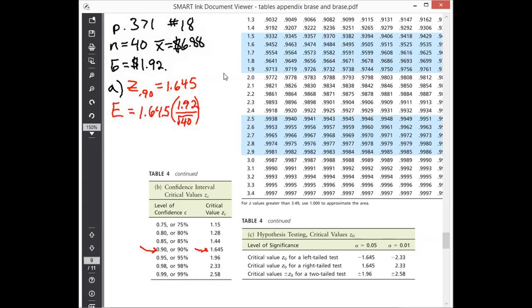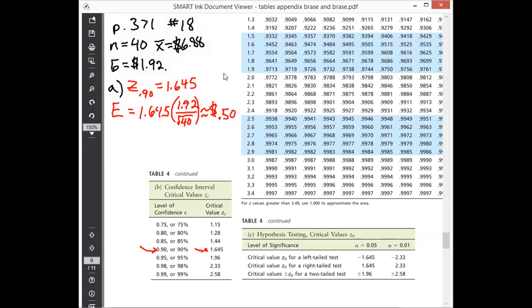I'm doing this on a calculator, just a handheld calculator here. 1.645 parentheses 1.92 divided by the square root of 40. And that is approximately 50 cents, rounded to the hundredths place. I'll write that as $0.50, okay?